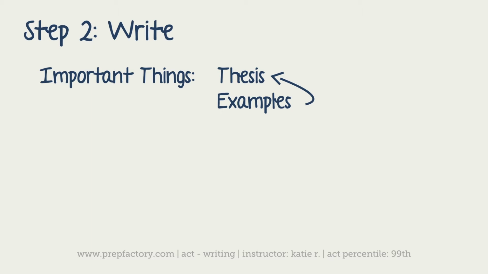And then the last thing is the conclusion. So, if you are running out of time, it is a much better idea to just end your last example paragraph however you can, and try to end the sentence. Don't stop in the middle of it.